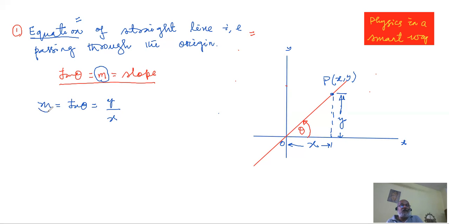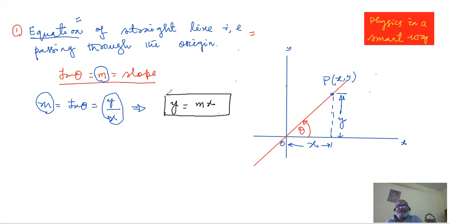So we consider m equal to y by x, and we cross multiply it. And we find a very simple relationship, y equal to mx. And that is nothing but the equation of the line.